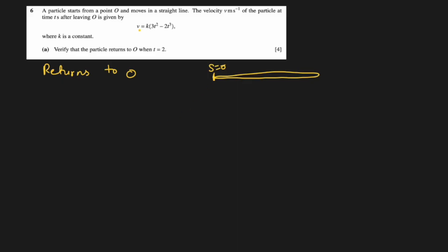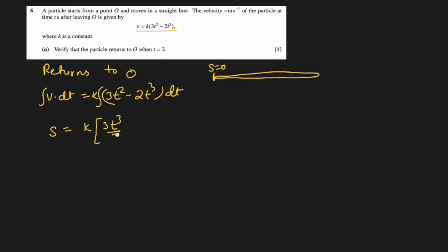So basically we will find displacement equation from velocity and we'll make it equal to 0. To find displacement from velocity equation, we integrate with respect to t. So it will be, let's keep k out of this, 3t square minus 2t cube dt. So s is equal to k and 3t cube over 3 minus 2t to the power 4 over 4 plus c.